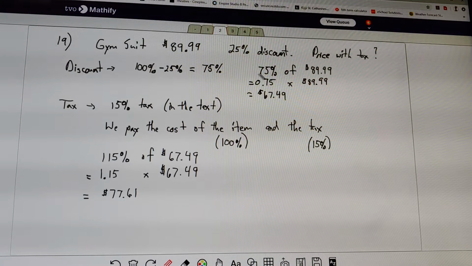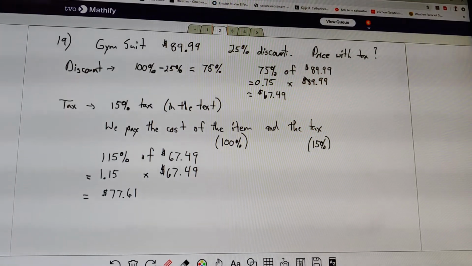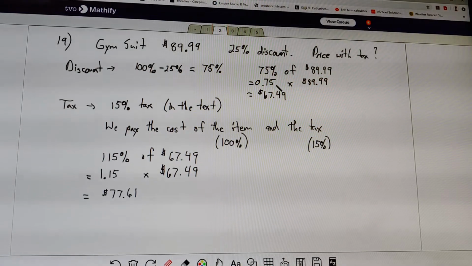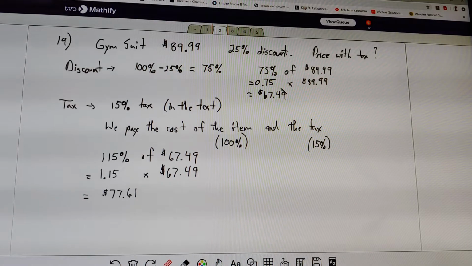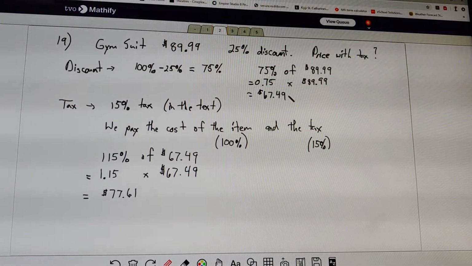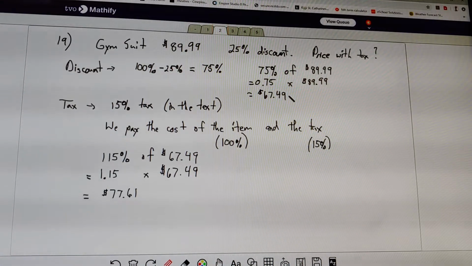And that's what we set up here. 75% of $89.99. This gets turned back to a decimal because, wait for it, this is 100 times too large, and we have to put it back to a real number. So 0.75 times $89.99, and you get $67.49. That's the price that you pay after the discount.